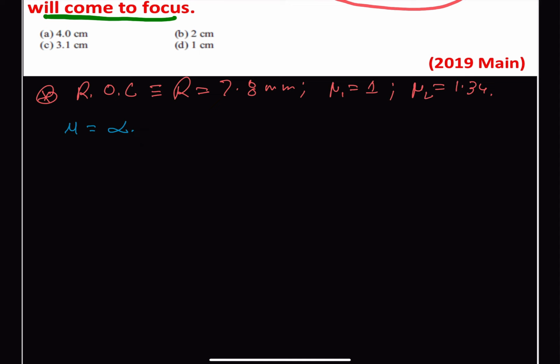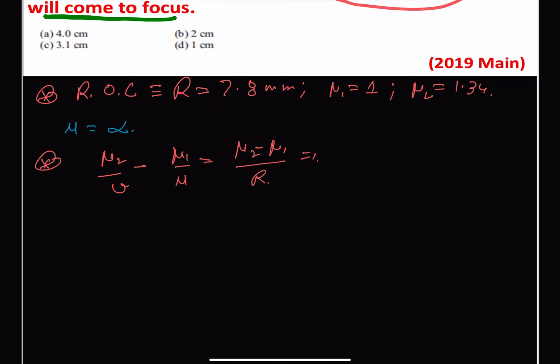So we can use the formula, which gives us mu2 by v minus mu1 by u is equal to (mu2 minus mu1) upon R. Here mu1 is the refractive index which belongs to the incident medium, and mu2 is the refractive index which belongs to the refracting medium.